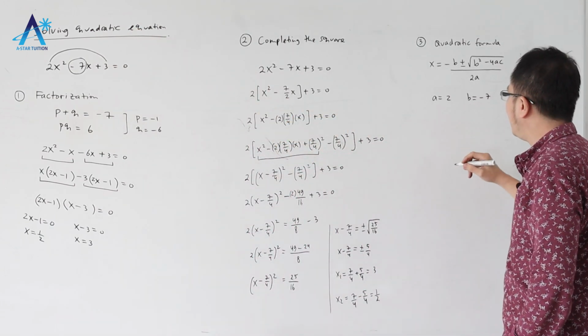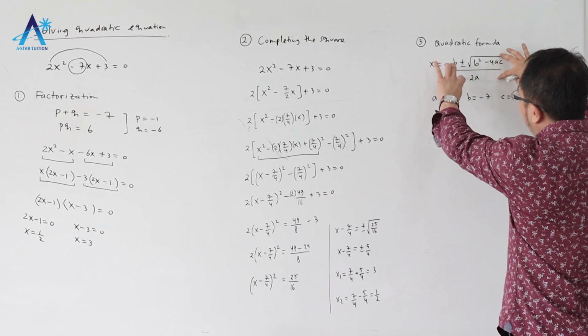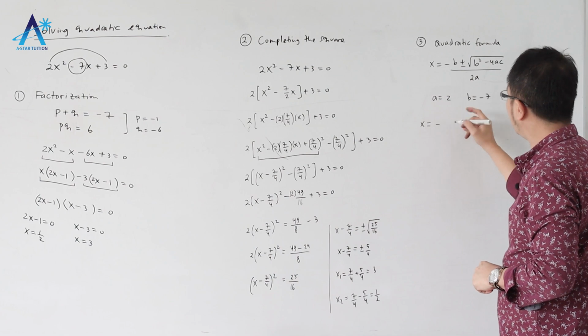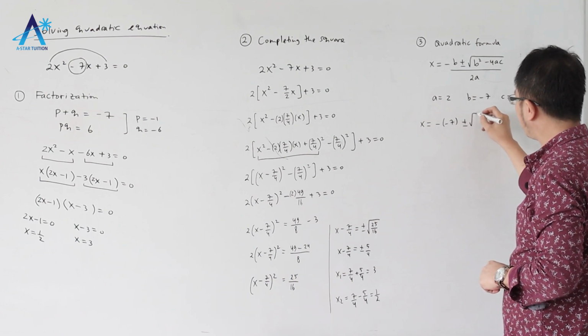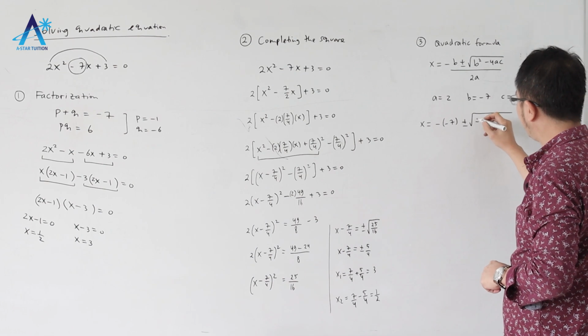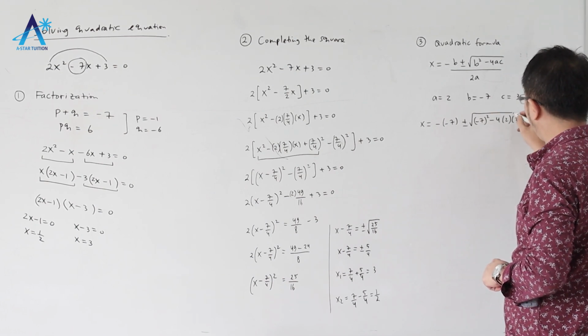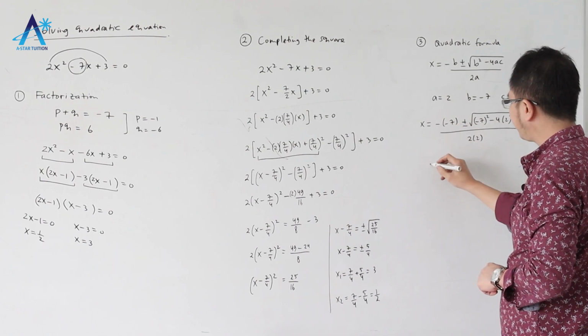So all we need to do is just plug in these 3 numbers into the following formula. That is going to give us negative of negative 7, positive negative square root of negative 7 squared, negative 4 times 2 times 3 over 2 times 2.